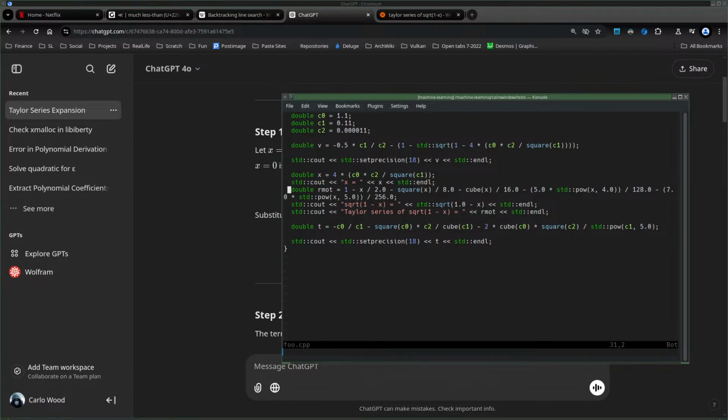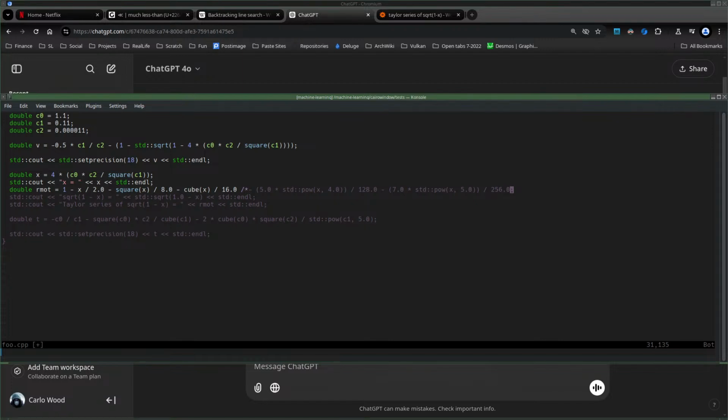You can leave 2 terms off, I guess. So let's not add those 2 terms.